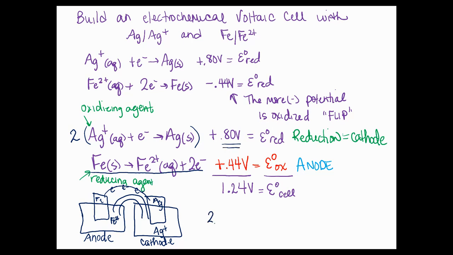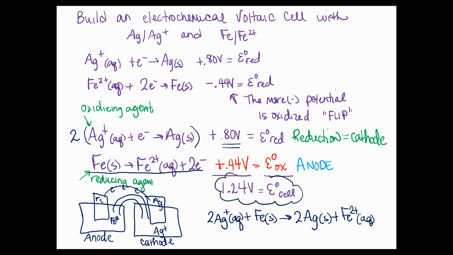So this is going to look like this, 2Ag plus Fe solid goes towards 2Ag solid and Fe2 plus. And there's my cell voltage.